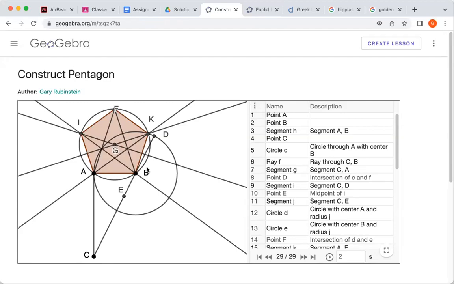Or I might say, what's the deal with segment IG? That's funny. It's funny that IG came up.